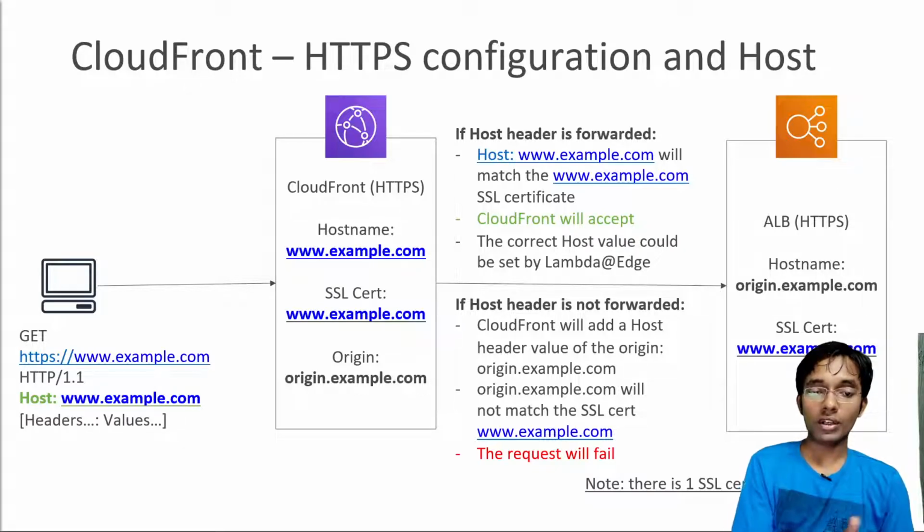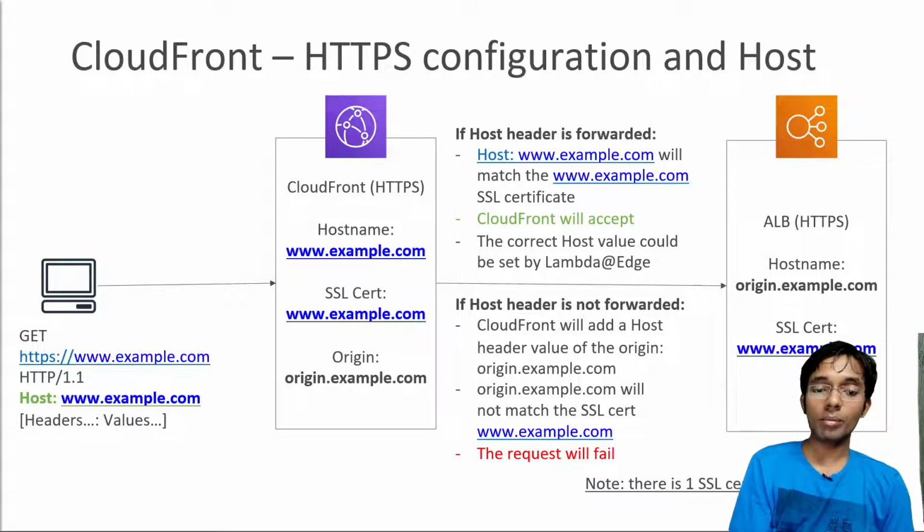Now our client does the exact same request as before, and our application load balancer is going to be configured a little bit differently. It's going to be configured with HTTPS, and the host name is going to be origin.example.com, so that our CloudFront distribution can access our ALB, but the SSL certificate we are going to load onto our application load balancer is going to be a different one. It's going to be www.example.com.